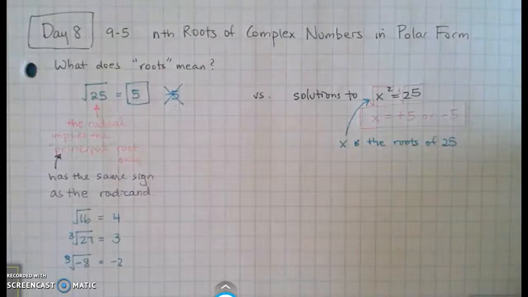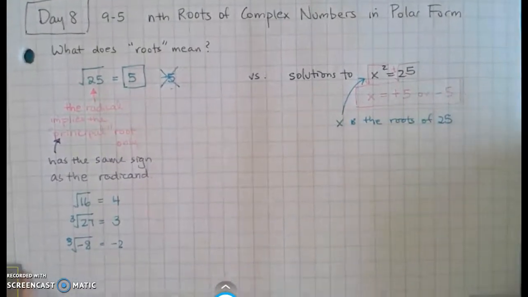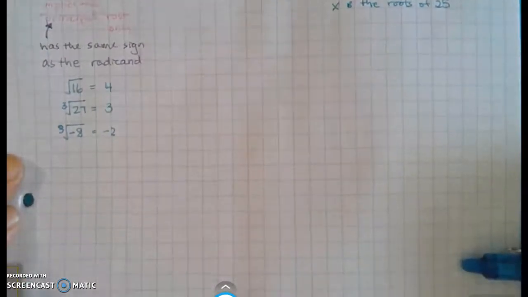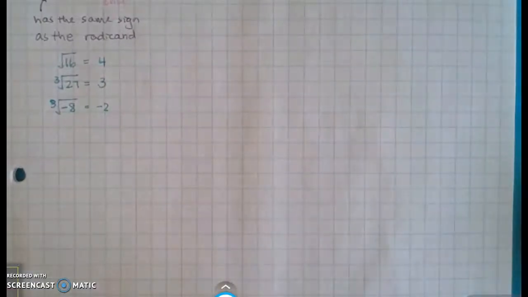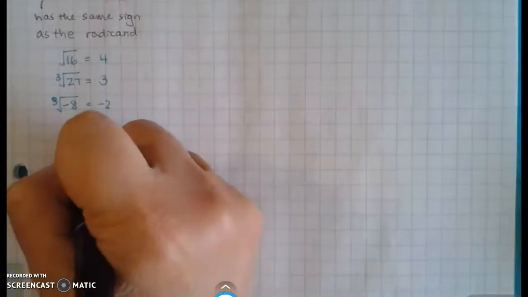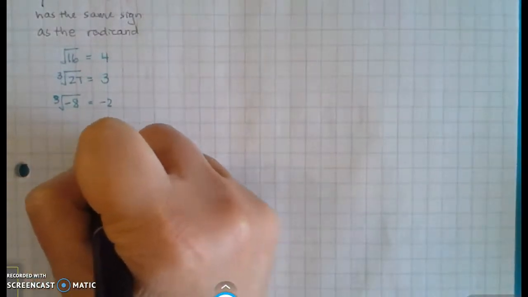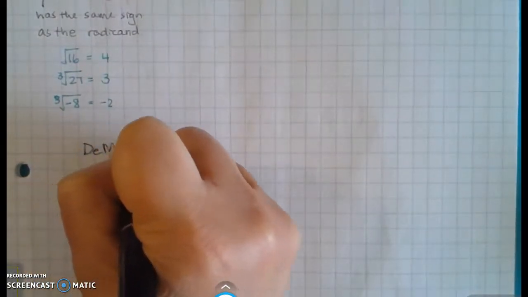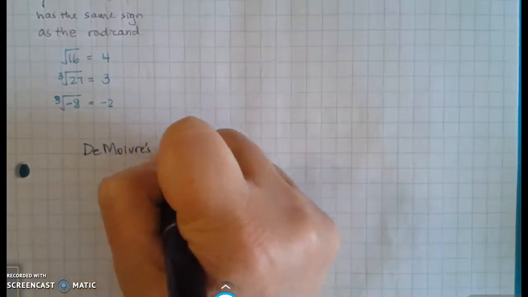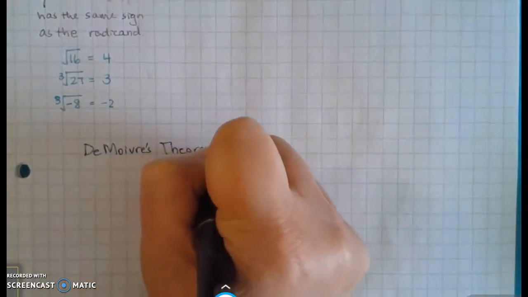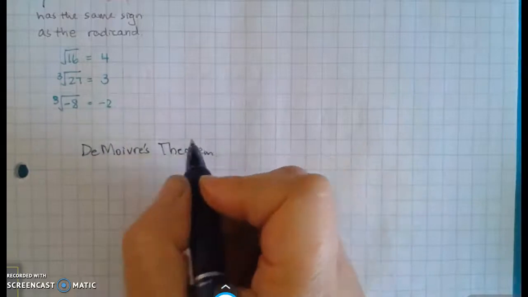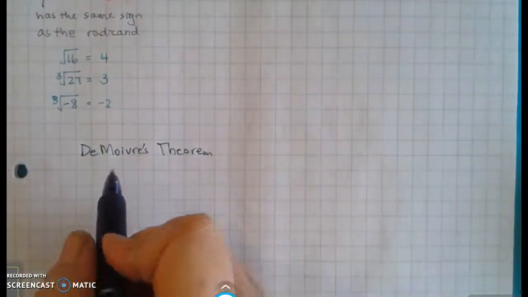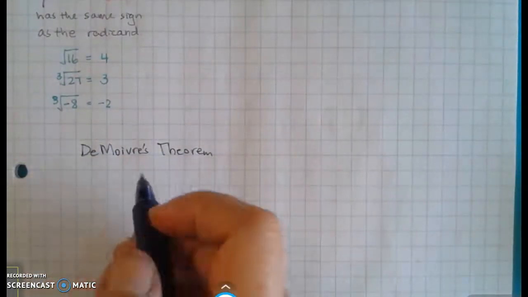Alright, so let's go back to what we learned from last lesson, because that's actually going to help us. If you recall from last lesson, we learned about de Moivre's theorem. And I'm going to rewrite that, because the new formula that we are going to use is very similar to this.